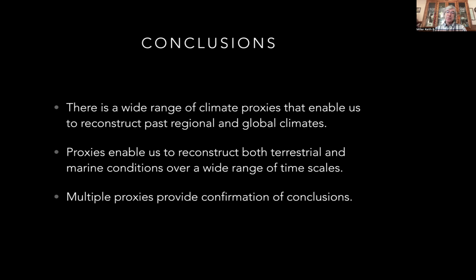So you have all these different pieces of evidence that you pull together and allows you to reconstruct climates, both general global climates and also regional climates. So you know how the climates varied, say, across what's now the North American continent. How were climate conditions different in different parts of that continental area?